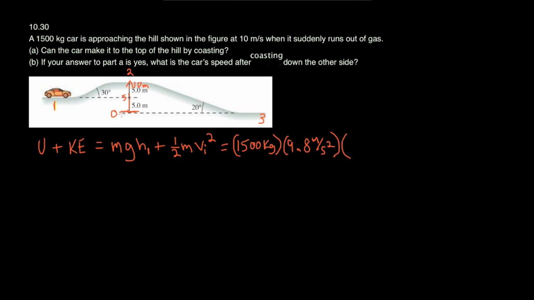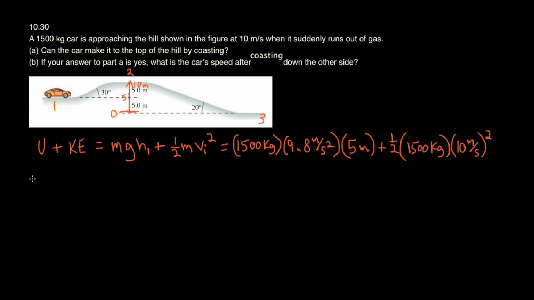We're just calling this our 0, and so halfway up is going to be 5 meters. That's our potential energy. Let's do our kinetic, plus 1/2 m, which is 1,500 kilograms again, and then v squared is 10 meters per second, squared.